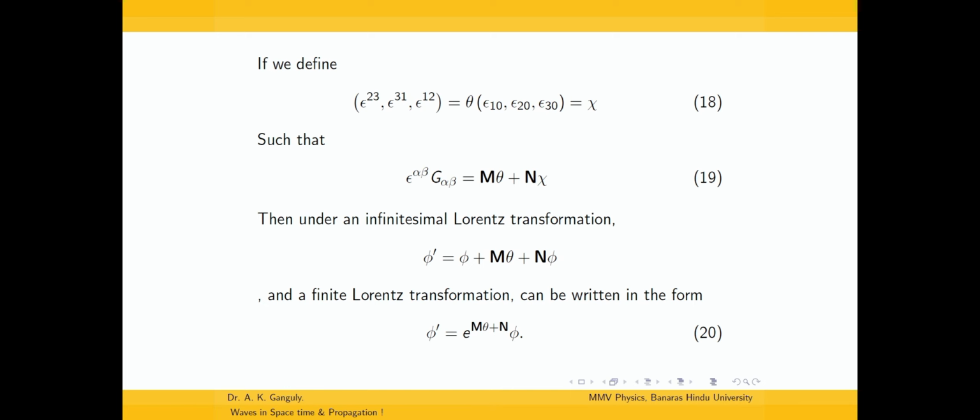The outcome of this exercise is that given a quantity, if we define it as phi prime, then phi prime can be thought of as the original phi plus boost and rotation of phi about some angle theta and another parameter chi.